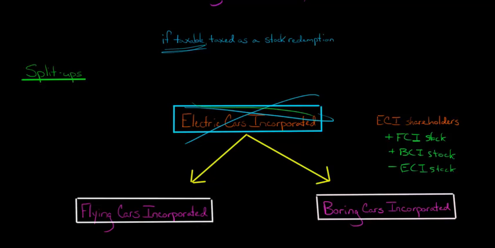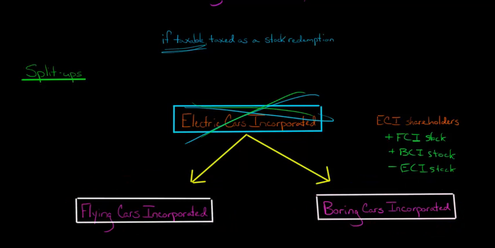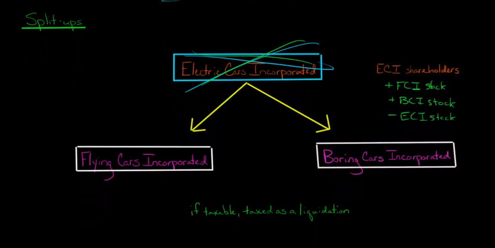Maybe the brand for ECI wasn't good anymore and they want to create two fresh companies and start with a new leaf. So you've got Flying Cars and Boring Cars Incorporated, and you've got a split-up. Now again, this could be a tax-free reorganization if it qualifies under Section 355 and 368. But if it's taxable, then this would be taxed to the shareholders as a liquidation of Electric Cars Incorporated.